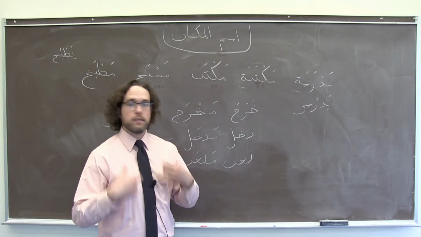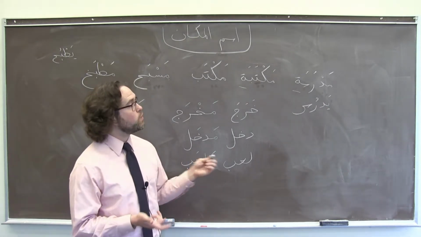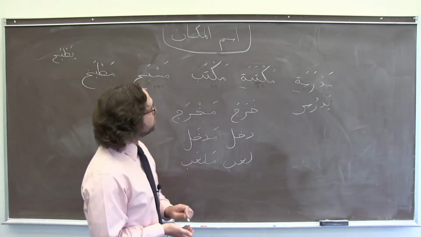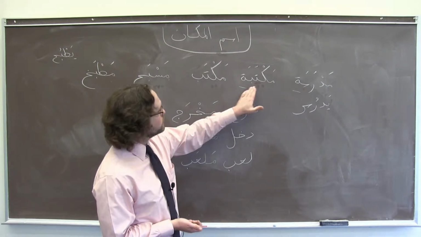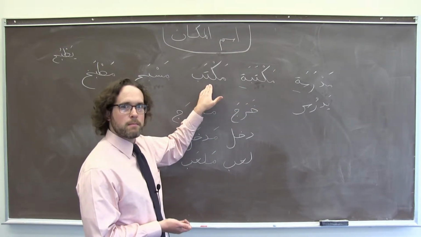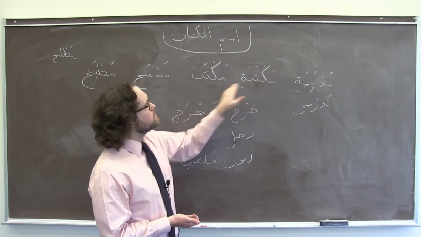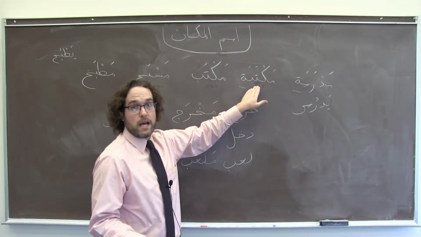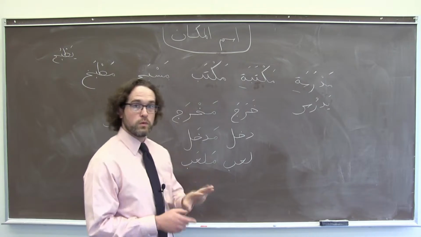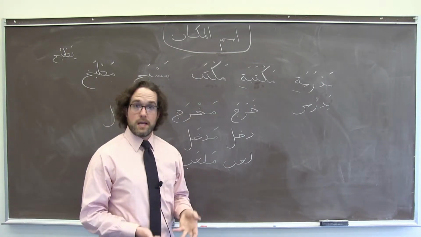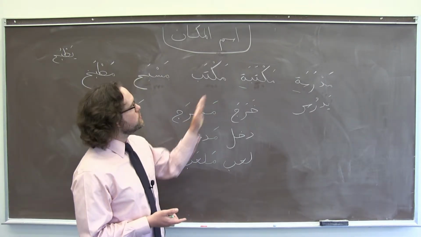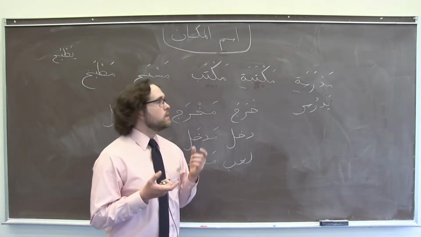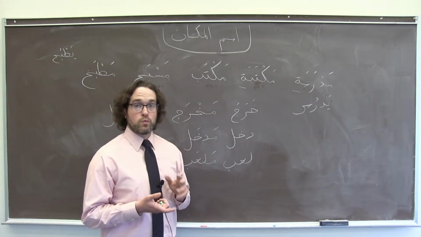It's up to us to know and memorize whether a particular word has ta marbuta or not. Sometimes we'll have 2 words that are both asma makan that have slightly different meaning. Maktaba with a ta marbuta is a place of writing, a library, and maktab with no ta marbuta means a desk or an office. So it's just up to us to know from context and to know whether or not 2 exist or whether just 1 exists.